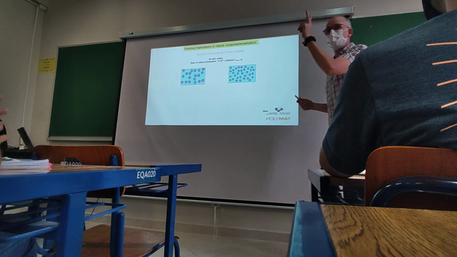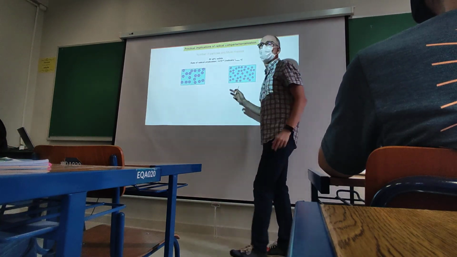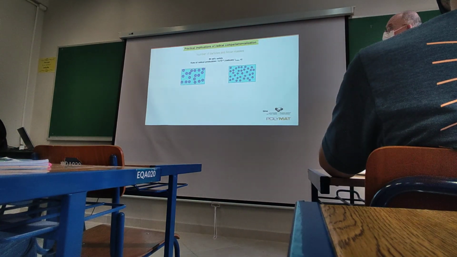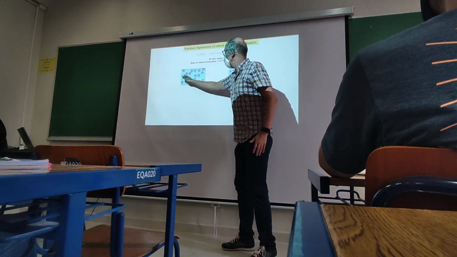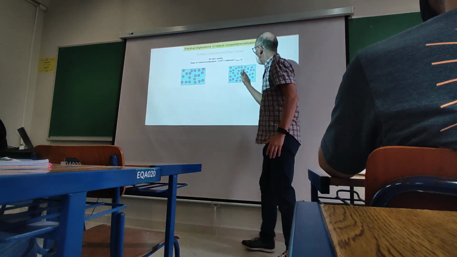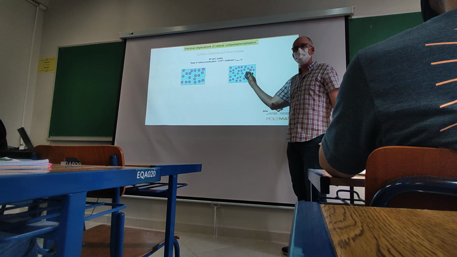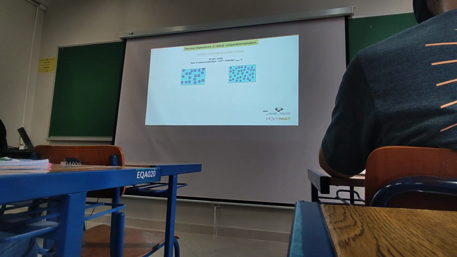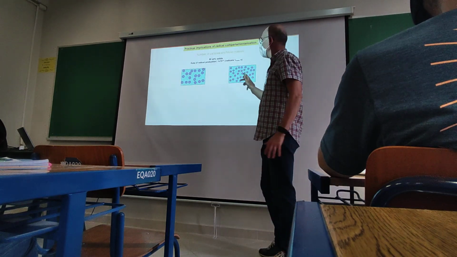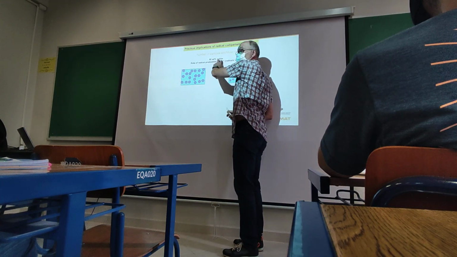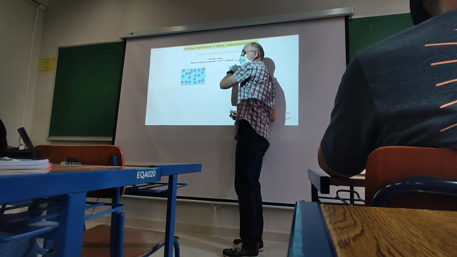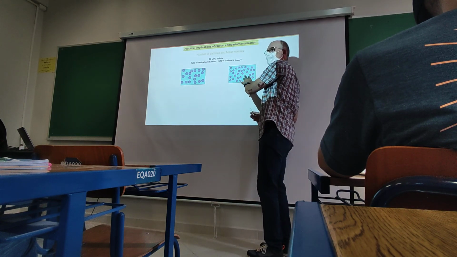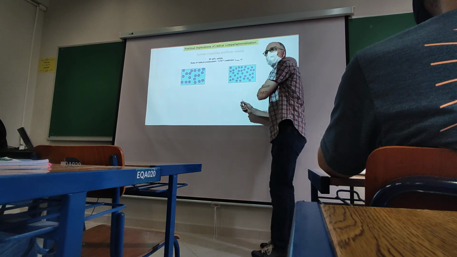But now we will consider two different particle sizes. In one, we will consider larger particles, and in the other one, smaller ones. In which one will I have more particles? Second. Okay? So for the same solids, if I decrease the size, the number of particles will be higher.